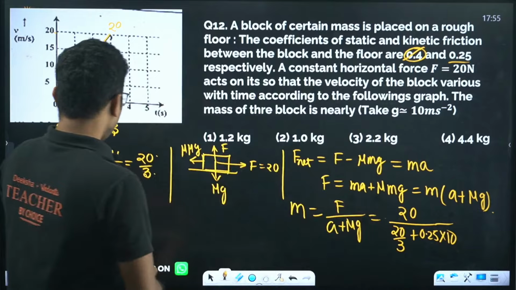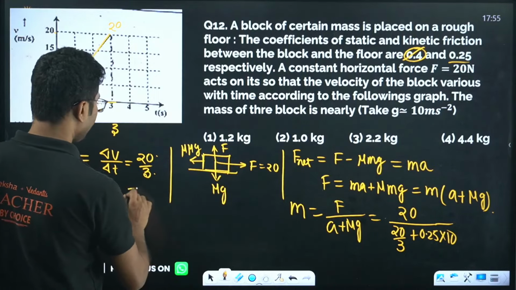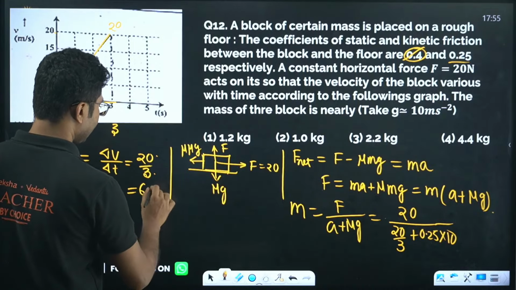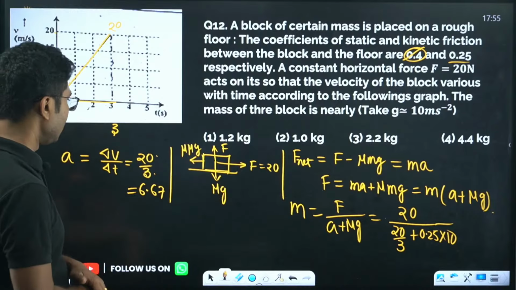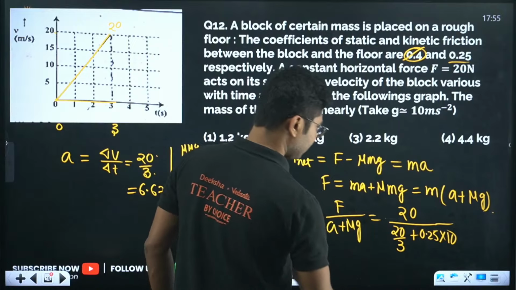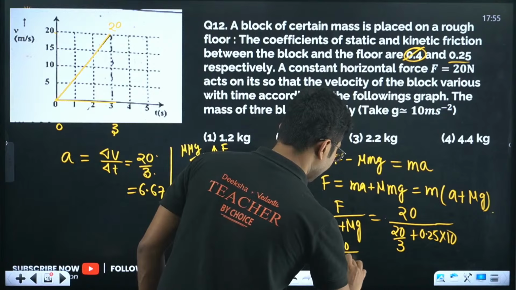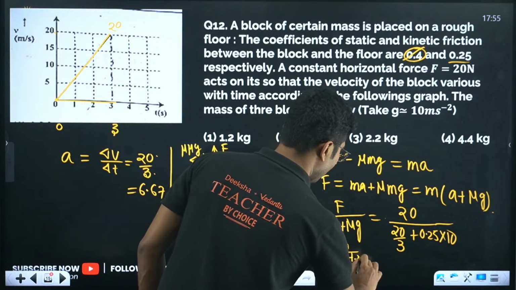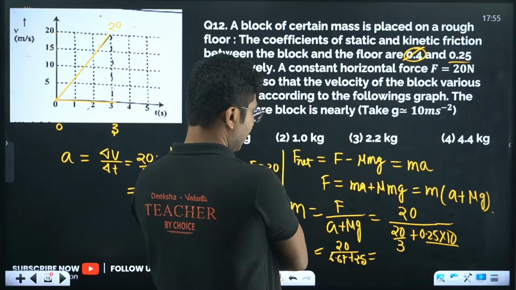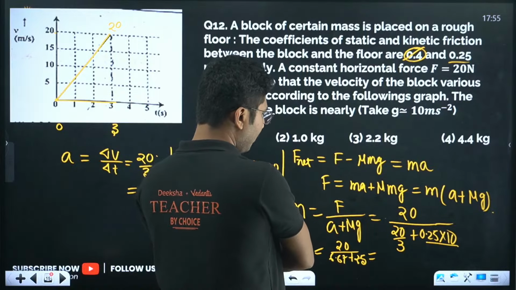Okay, 20 by 3 you have to take, it will be 6.67 approximately, right? So you will get 20 divided by 6.67 plus 2.5, so it will be 9.17 approximately.